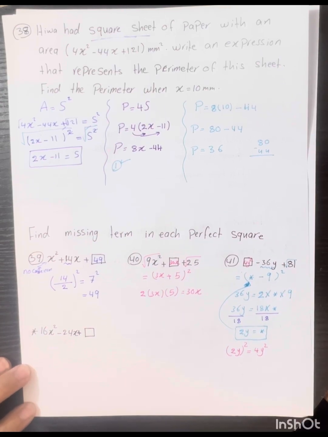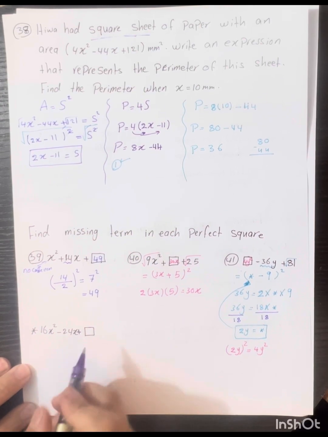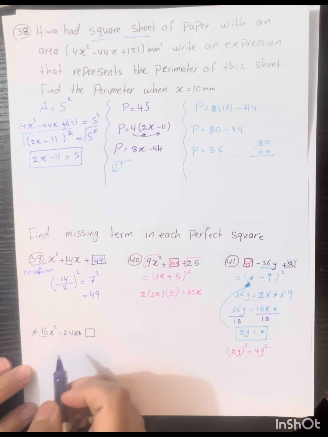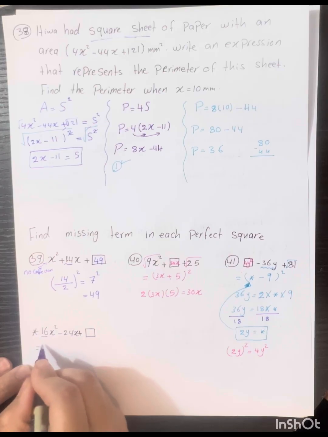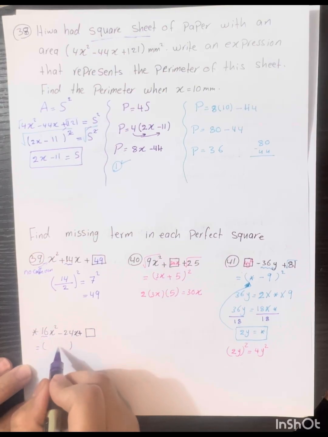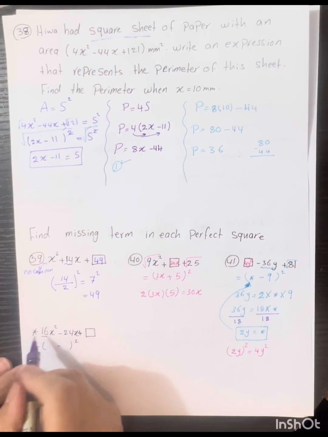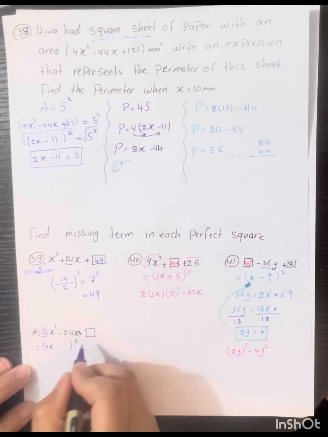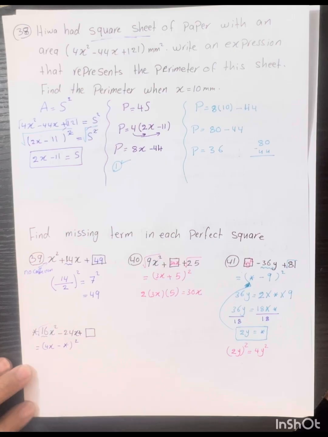Okay, if the last term is missing but we have a coefficient with x power of 2, again we need to change it to a binomial. Middle sign, power of 2, square root for the first term will be 4x, and this is the missing term.